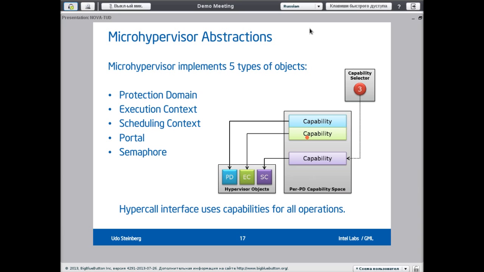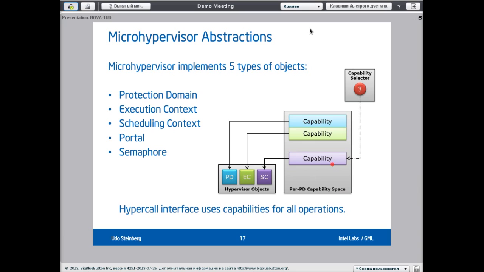But the user itself does not deal with the capabilities because they are stored and protected by the hypervisor. The user uses a so-called capability selector, which is just a number. So if the user wanted to refer to that purple capability, it would use capability selector number 3, and then the hypervisor would go, oh, this is 0, this is 1, this is 2, this is 3.